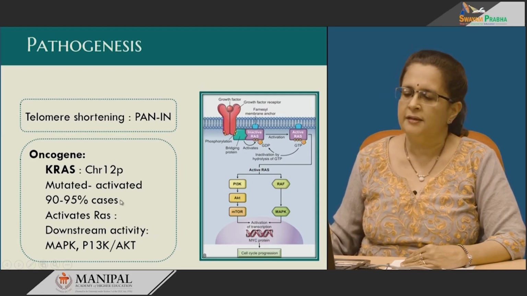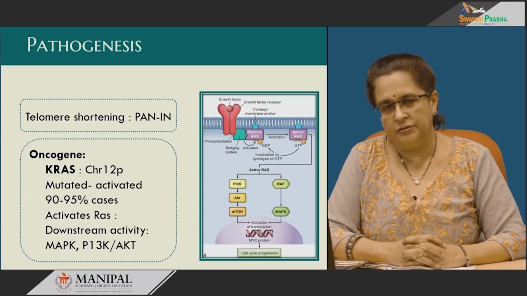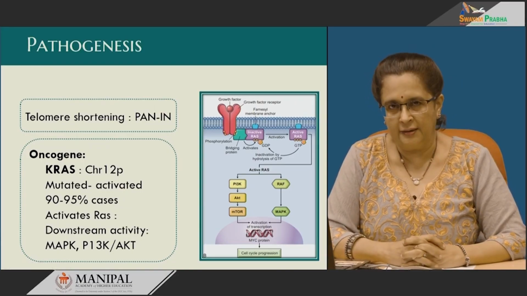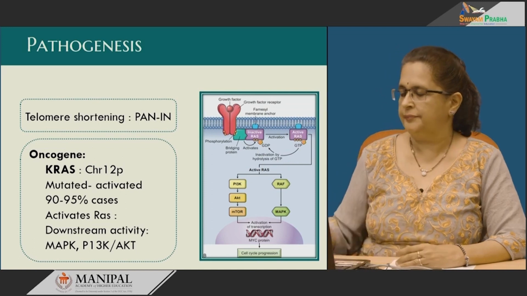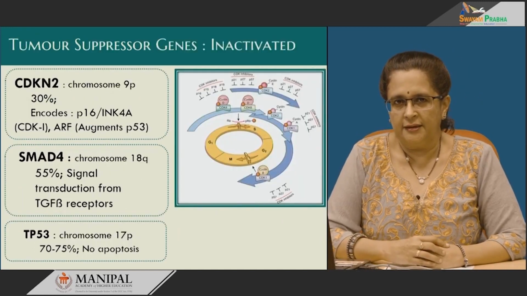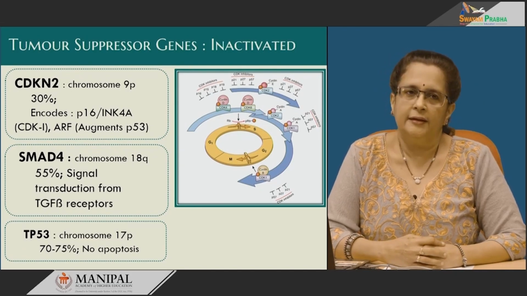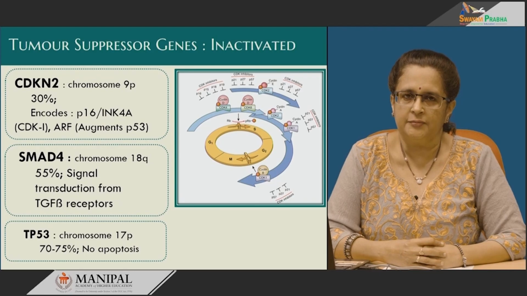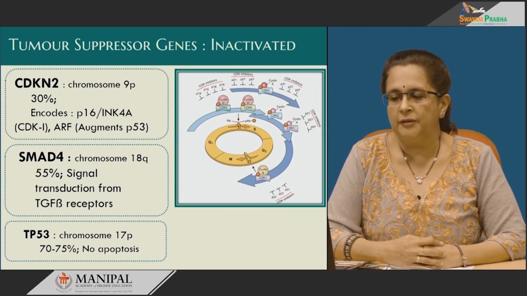So, what happens is this has intrinsic tyrosine kinase activity also. So, whenever it is enhanced, this causes an increase in cell proliferation. It induces the cell to go on proliferating. The next step in these genetic abnormalities noted in pancreatic cancer is inactivation of the tumor suppressor genes, prime among them being CDKN2A, which is located on chromosome 9p.